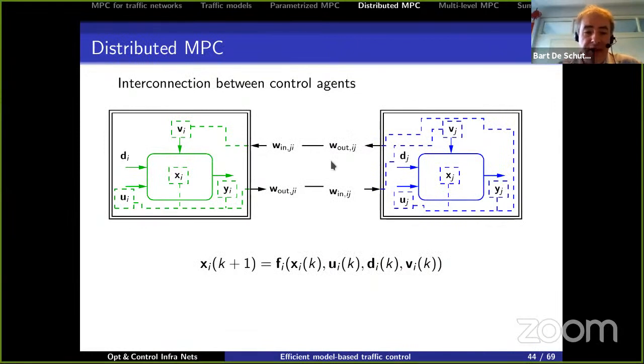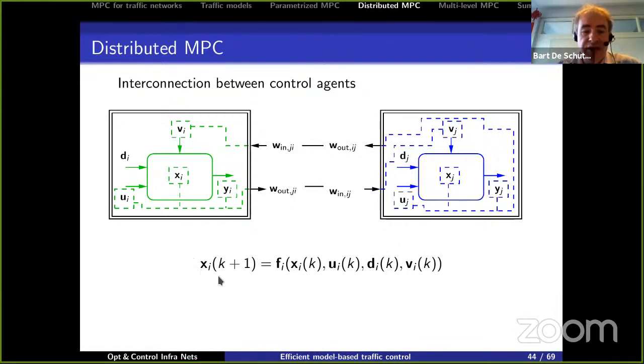So what we consider is that we have an agent, and we are going to look at the interactions between the agents, the interconnections. The blue agent has some sort of an outflow. Let's consider the interconnecting variables to be flows of vehicles. That will then create an inflow to the region of the green agent and vice versa.